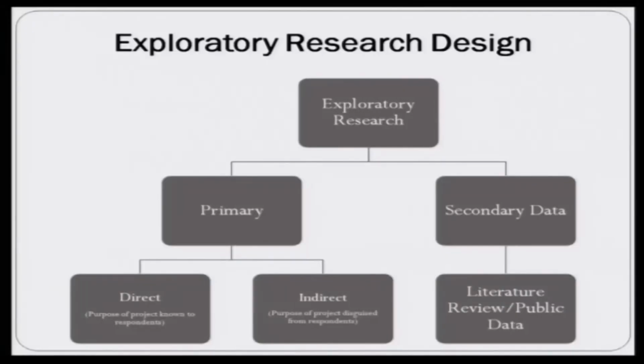Going into exploratory research design, the data can be divided into two types, secondary and primary. The secondary data could come from the literature review, publicly available data from the government, or from private consulting firms. It is very important that you first look into the existing literature regarding the issues you are dealing with.